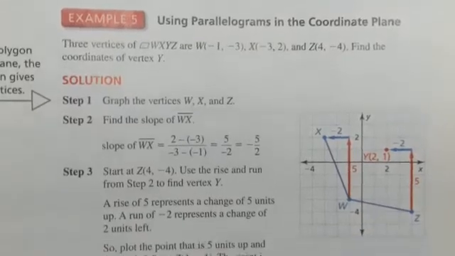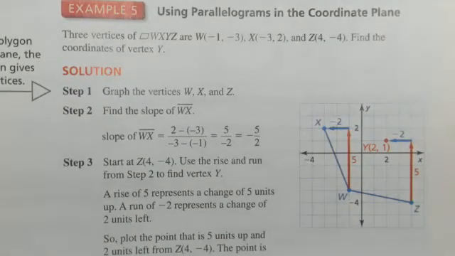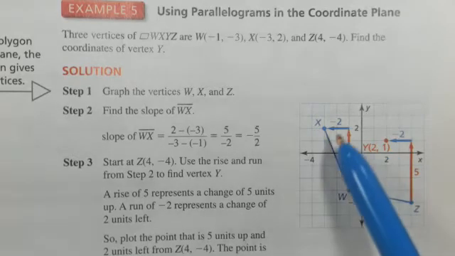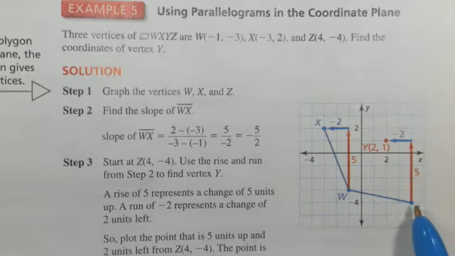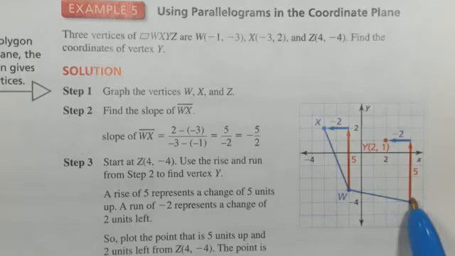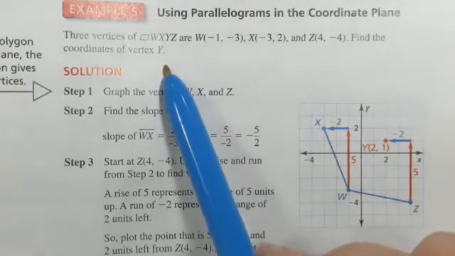Here, it shows you how to find the missing vertex. So if they tell you you have a parallelogram and they say find the coordinates of the missing vertex, this is how you would do it. Let's say they give us x, w, and z, and we are supposed to find y.